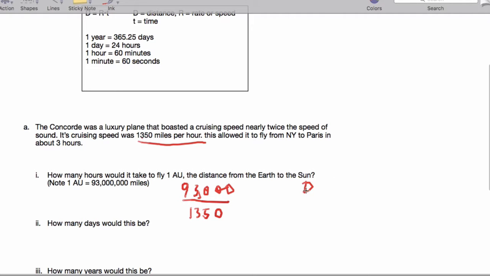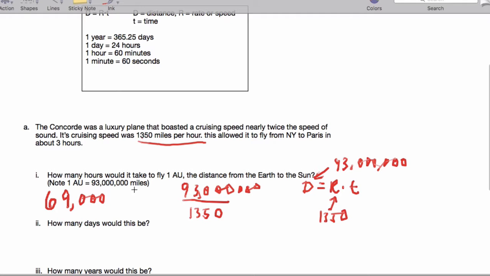If you really want to be specific, you use d equals r times t, and for d, we'll put in 93 million. And then for r, we'll put in 1,350. And when we work out this number, it ends up being about 69,000 hours. Again, I'm rounding here.